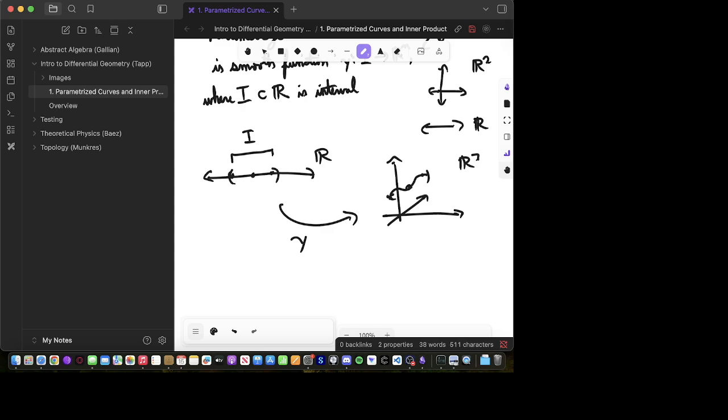One metaphor that I think is particularly helpful when describing parametrized curves is that they're often used to describe particles in motion. For example, this interval right here might represent time, and suppose the particle is here at time 0, it might be here at time 1, it might be here at time 2.